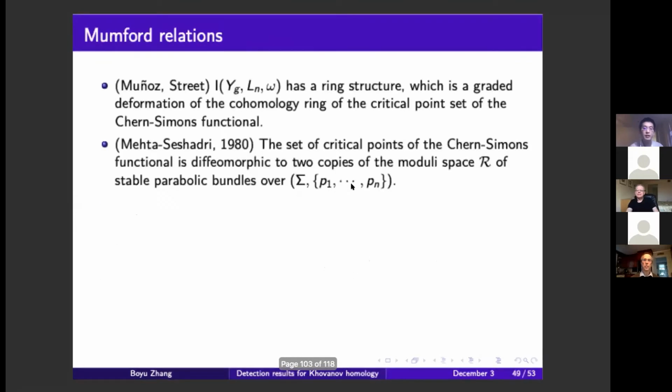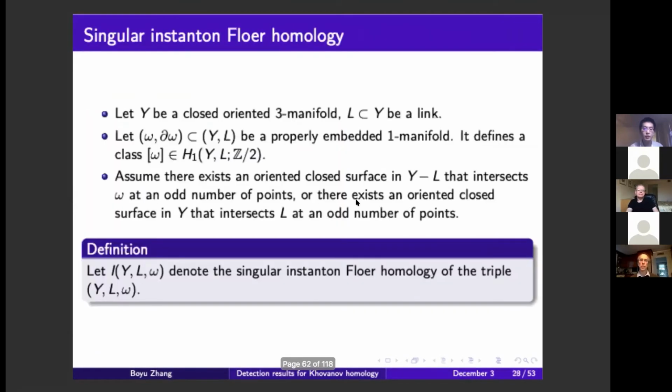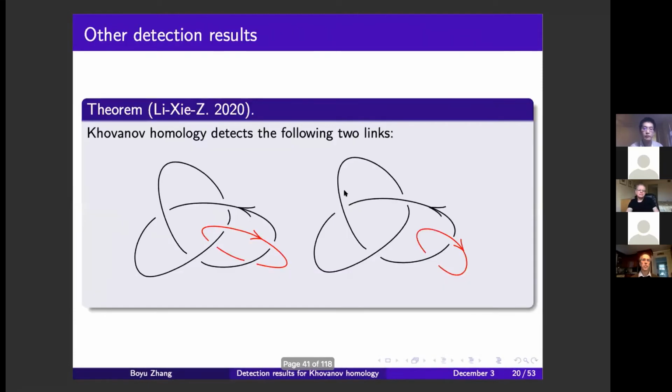In the detection results with Zheng-Kun Li and also with Yi Xie, we proved that Khovanov homology detects the following 2 links, and those 2 links are 2-component links with Khovanov homology rank 12. We actually looked up the Knot Atlas website and figured that there are only 4 links with 2 components whose Khovanov homology has rank 12, and we can now prove that Khovanov homology together with a bigrading detects all the 4 links.